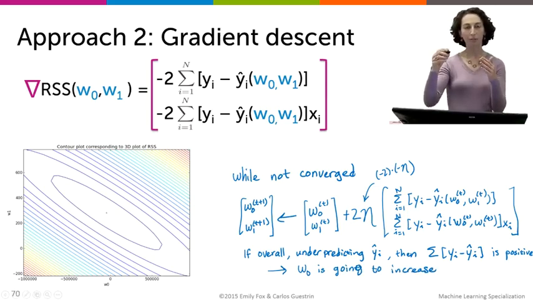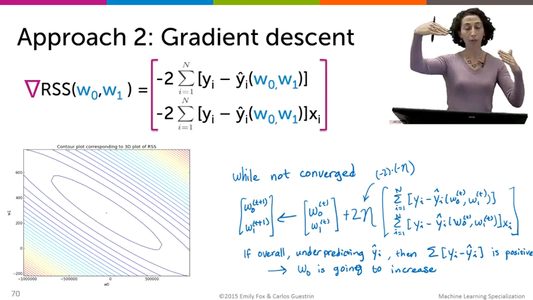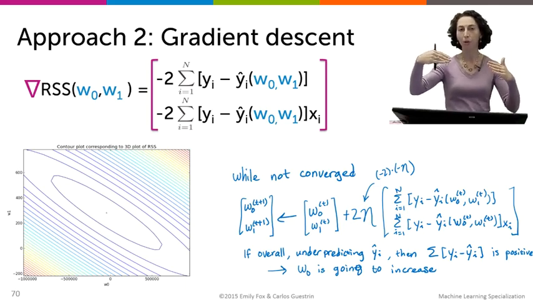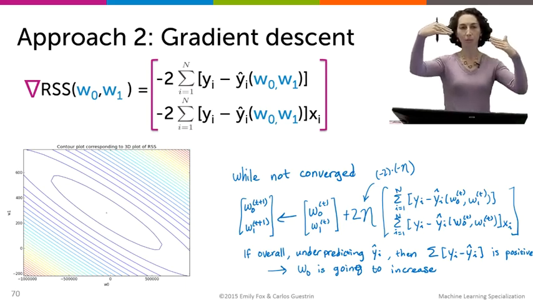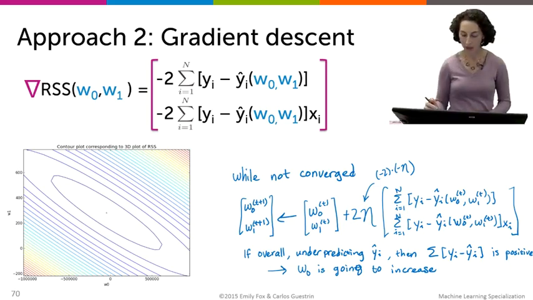And that makes sense because we have some current estimate of our regression fit. But if in general we're under predicting our observations, that means probably that line is too low. So we want to shift it up. And what does that mean? That means increasing W0. So there's a lot of intuition in this formula for what's going on in this gradient descent algorithm.